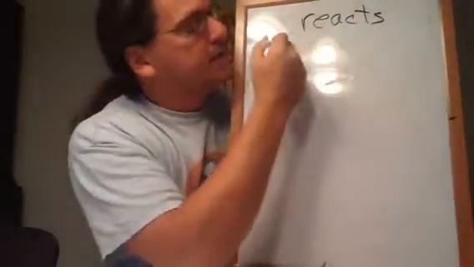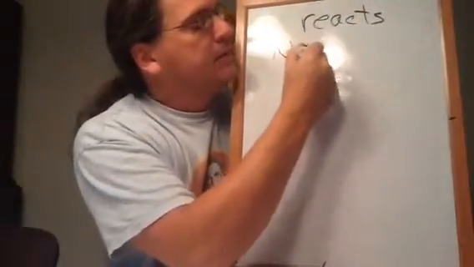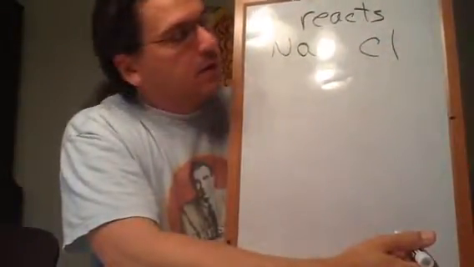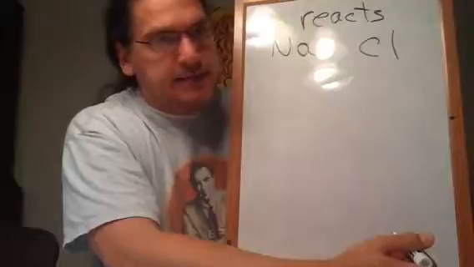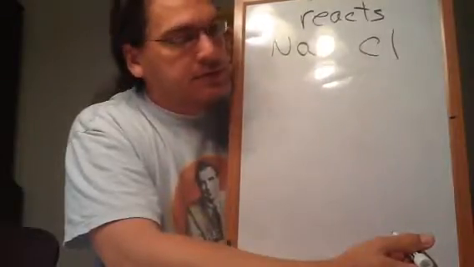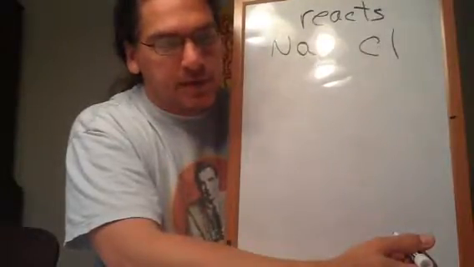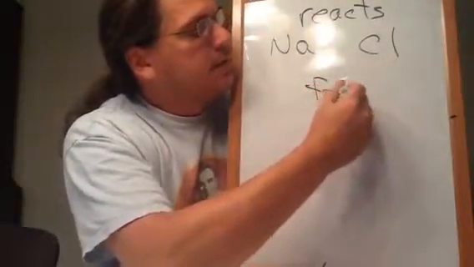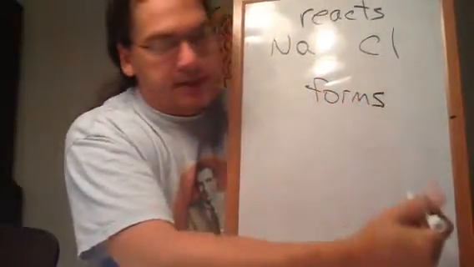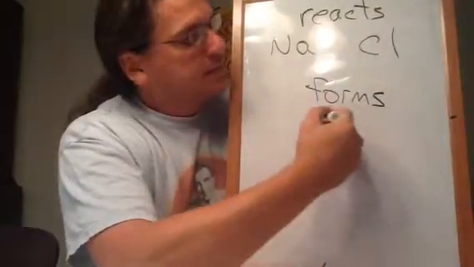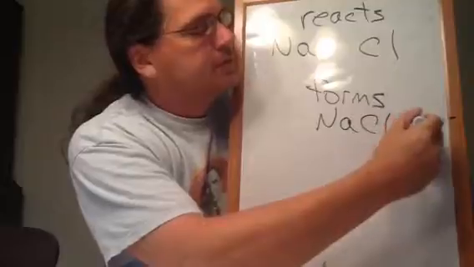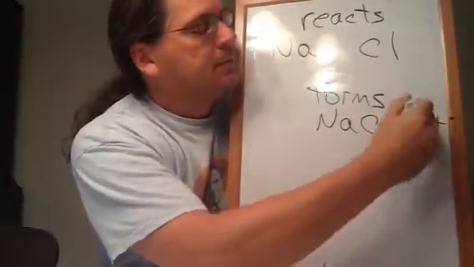So the reactants are sodium and chlorine. And then one thing we've asked you to learn are just basic compounds, some that you use every day maybe. But when it says forms or makes or creates or anything like that, that tells you that it is a product, which in this case is NaCl, which is also table salt.